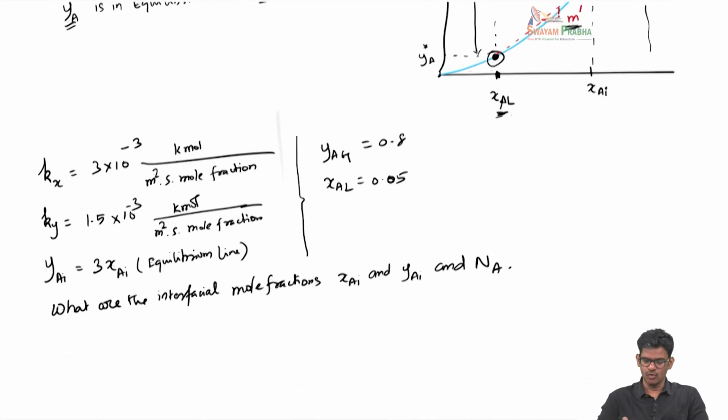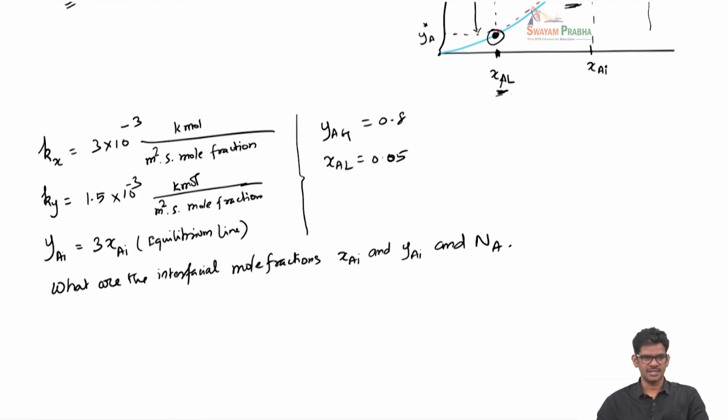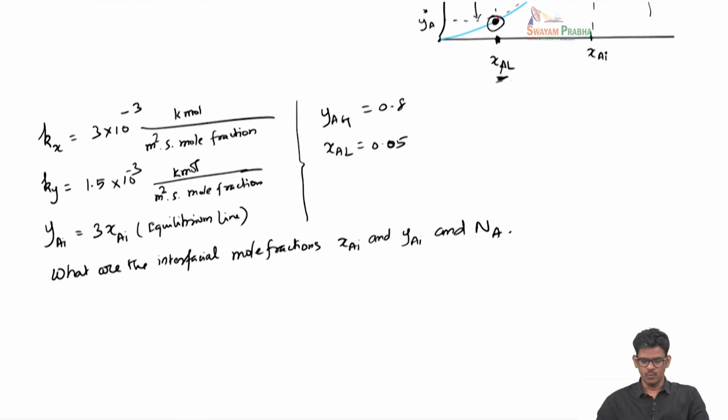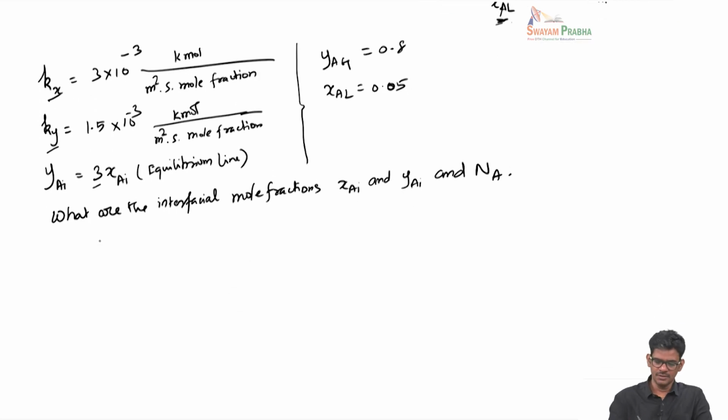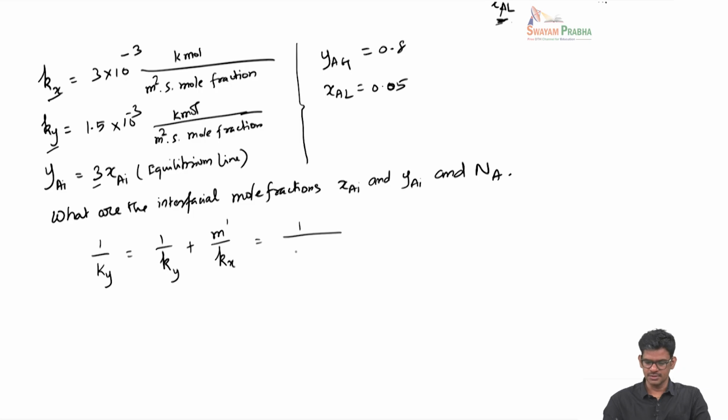So if I go back to the problem which I solved in the last class, since I know Kx, Ky and M, I can calculate the overall mass transfer coefficient. So 1 by capital Ky is equal to 1 by small ky plus M prime by Kx.